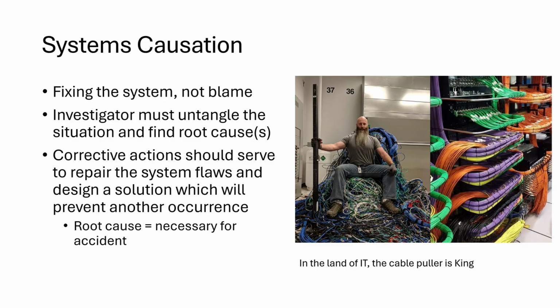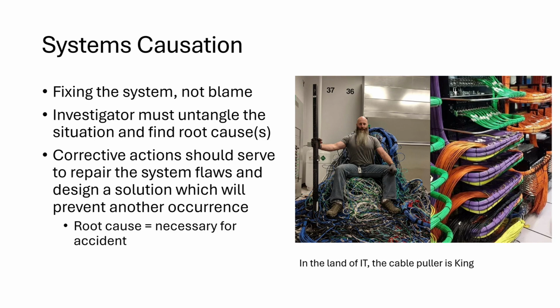So when we look at corrective actions, they should serve to repair the system flaws and design a solution which will prevent another occurrence. Now that's a reframing of some of the definitions we've talked about with corrective actions. We say a root cause is the necessary piece for an accident, and that's true, but keep in mind as we drill down, you'll hear people say you should only have one root cause.